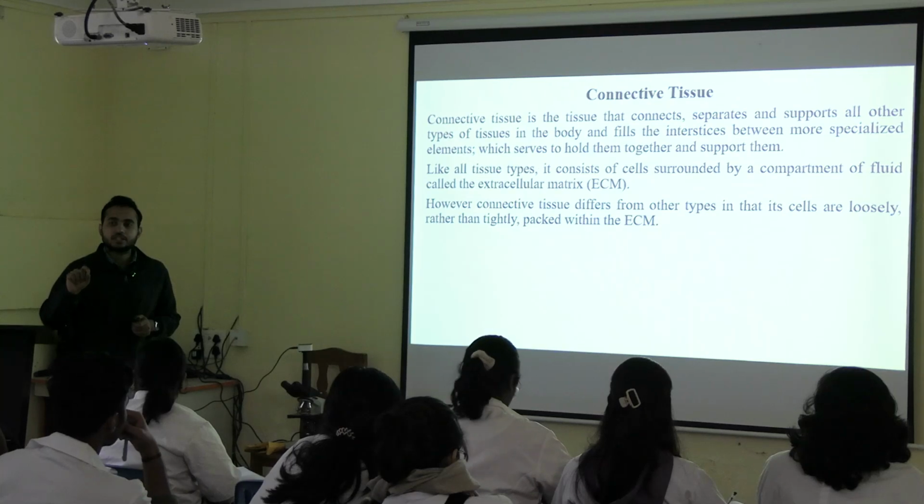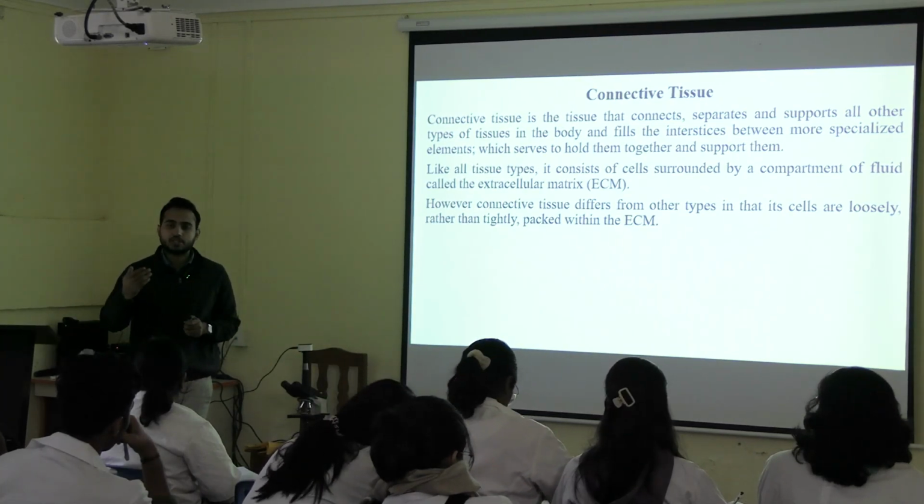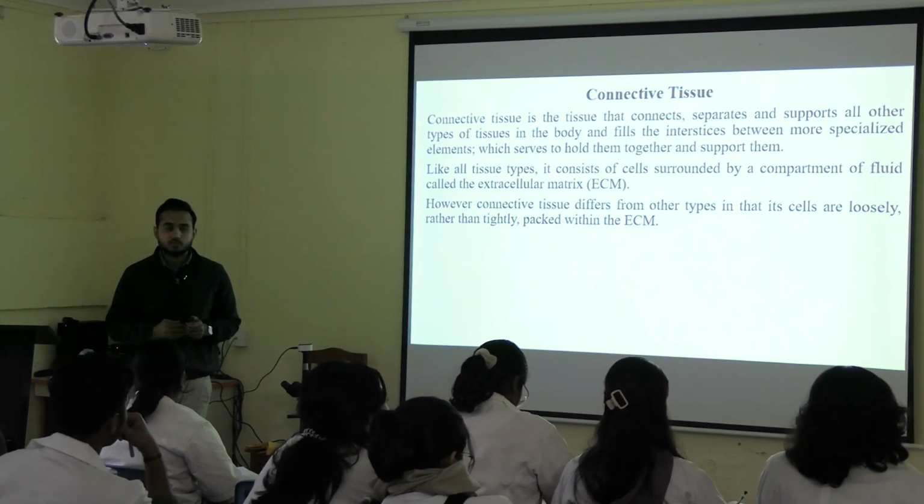I hope you have seen in case of epithelial tissue how the cells are oriented. For example, if you take simple cuboidal epithelium, simple columnar epithelium.